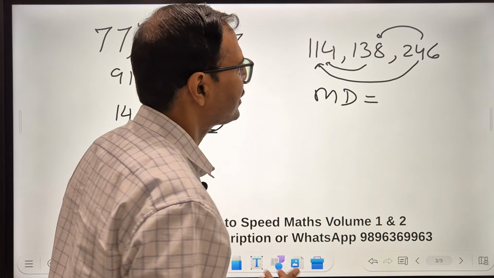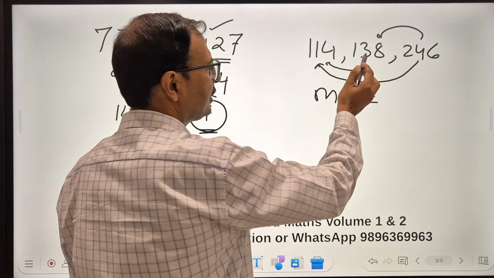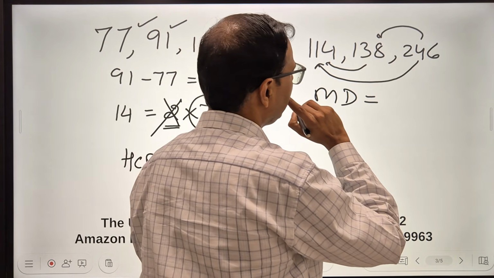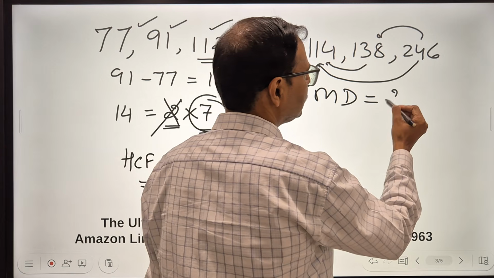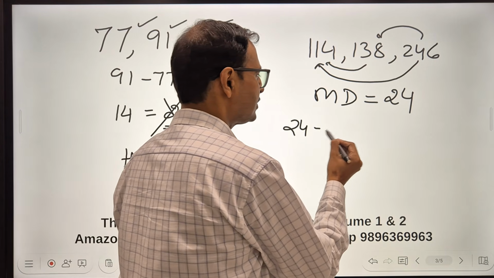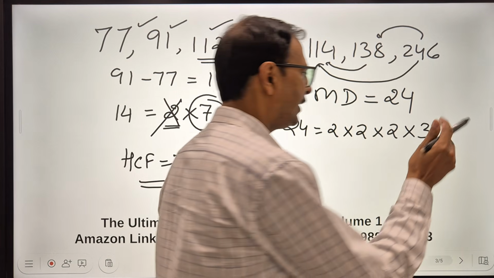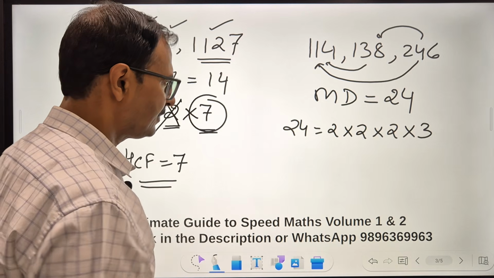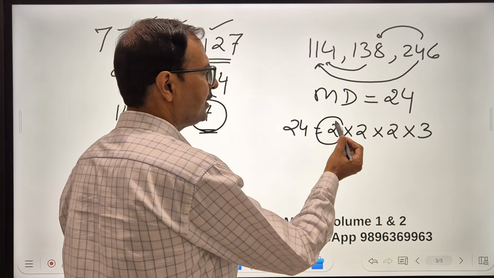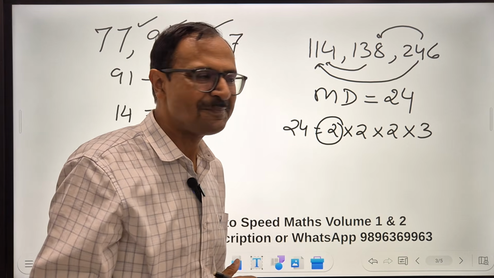So how much is the minimum difference? For me, 246 and 138 are very far away. So 138 and 114, probably this is 24, right? And 24 has factors 2 times 2 times 2 times 3. Now I need to check all these prime factors. Does this 2 divide all 3? All 3 are even. Yes, it divides.